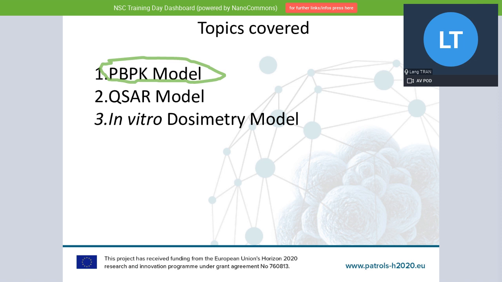And the PBPK is about taking the exposure, and from the exposure, you calculate the buildup of the dose in the different organs in vivo. I hope you follow what I'm talking about. So there are 3 types of model here.